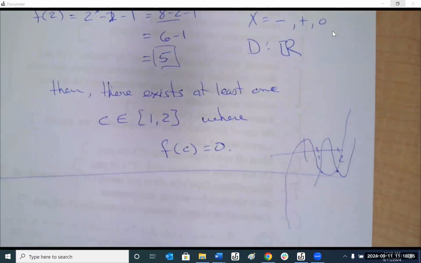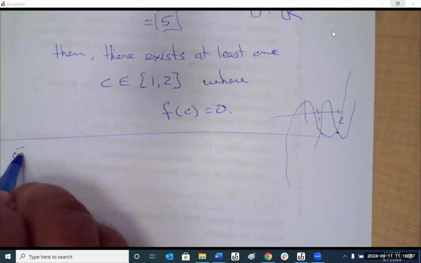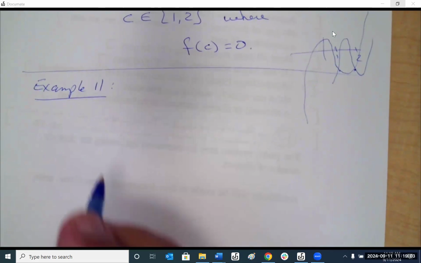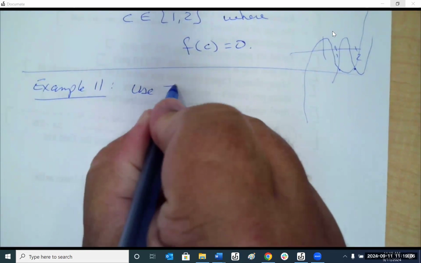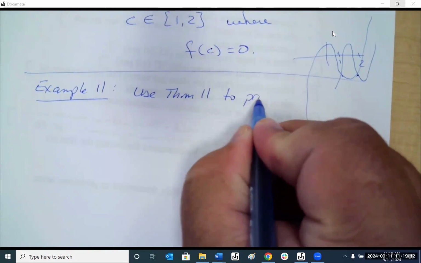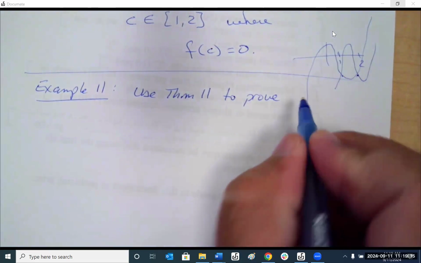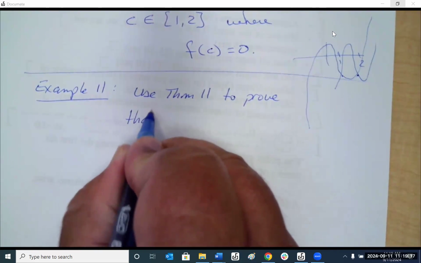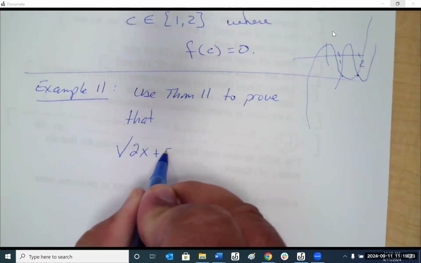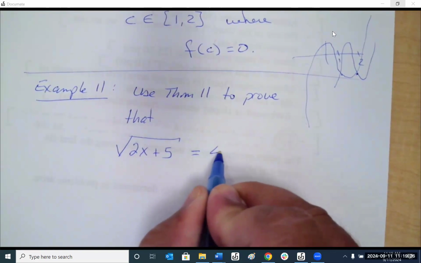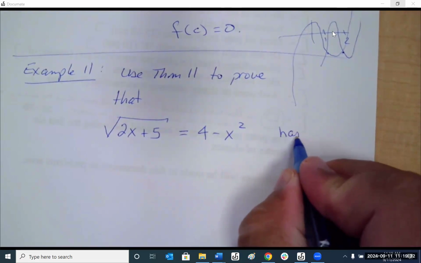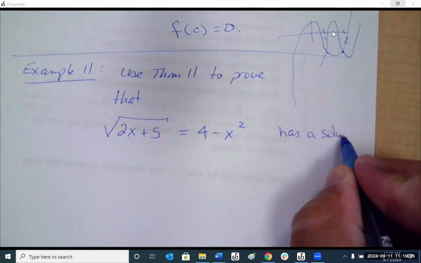Let's look at another example. Example 11. Use theorem 11 to prove that this equation, 2x plus 5 is equal to 4 minus x squared, has a solution.